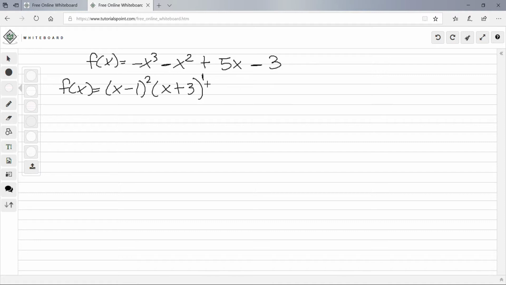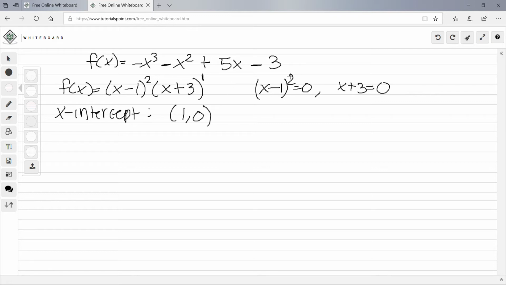So now we got to talk about multiplicity. So over here, our x-intercept, if you set this to 0, and then x plus 3, our x-intercept, one of them is going to be 1, 0, and then you look at the degree right here.